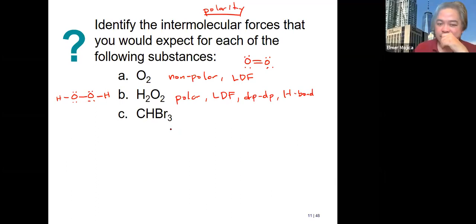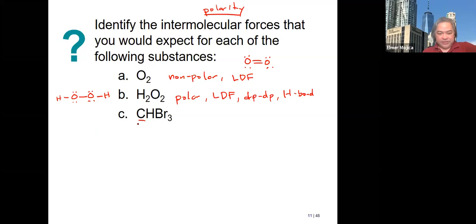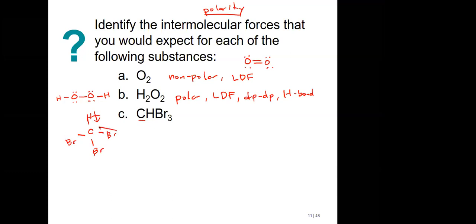Now how about this one? CHBr3 is polar or non-polar? Okay, so if we look at this, this is how it looks like. This one goes there, and everyone goes, I think, to the bromine.